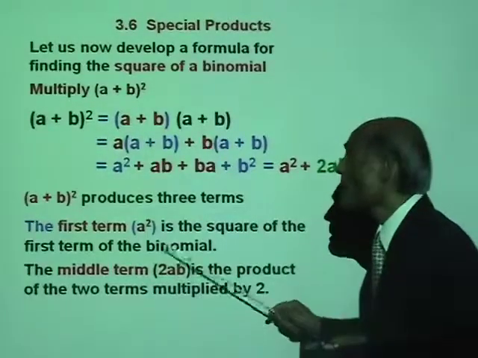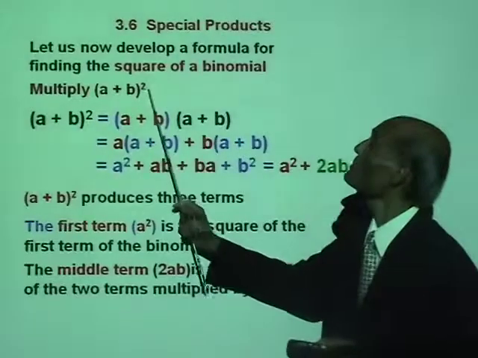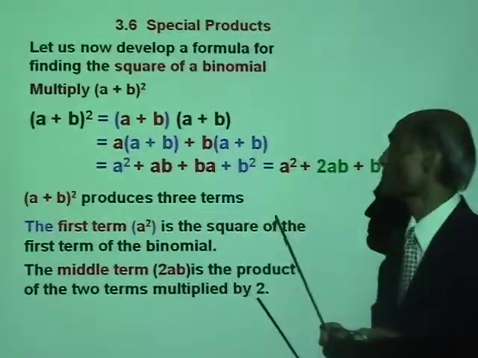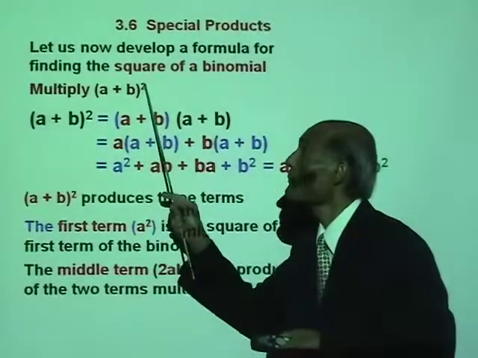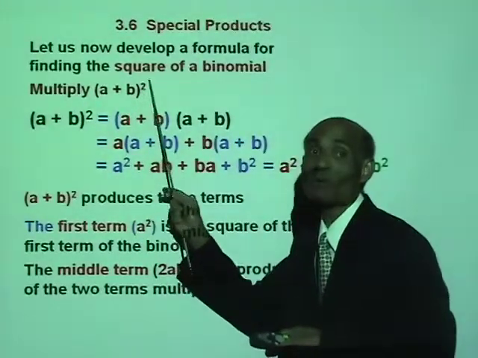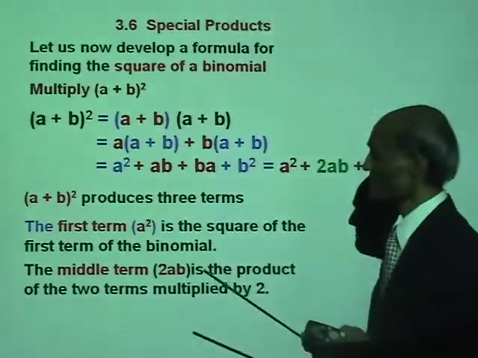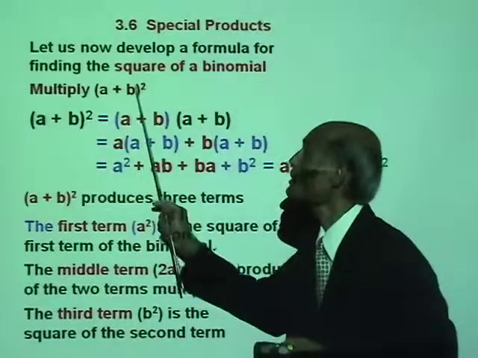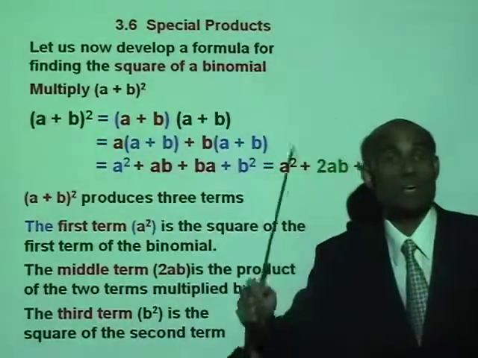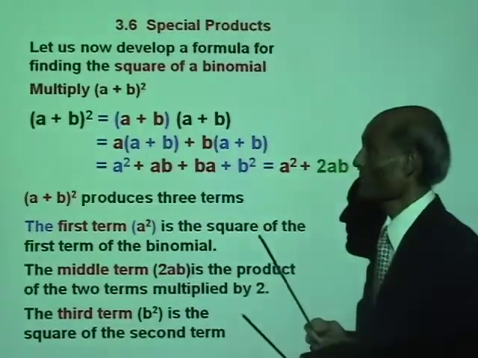The middle term is 2ab, the product of the 2 terms multiplied by that power. And the third term is the square of the second term of your binomial, b squared.